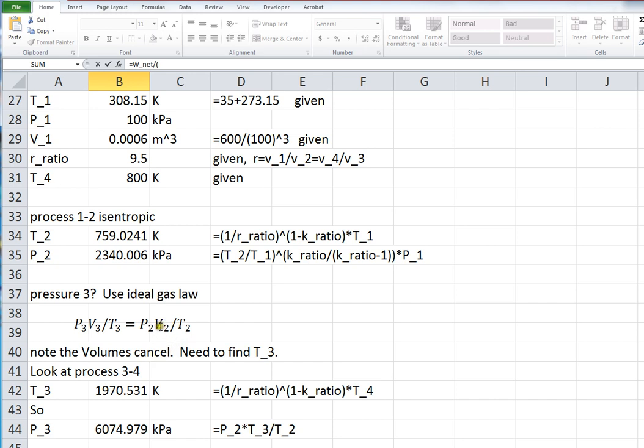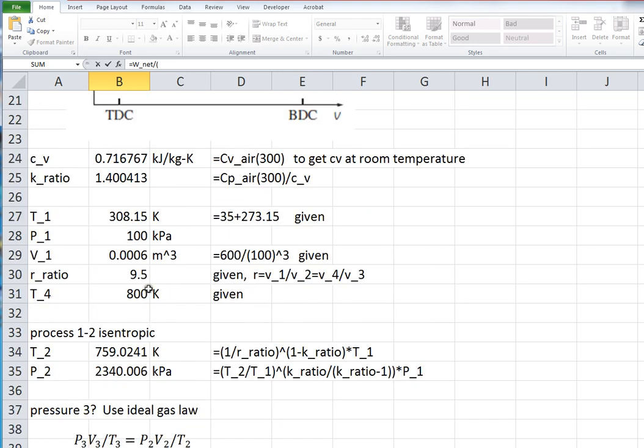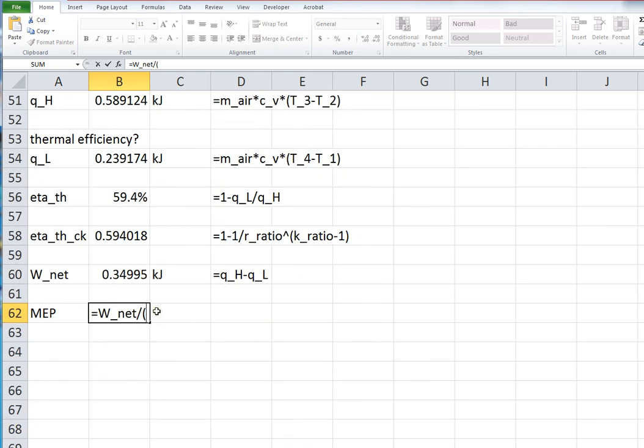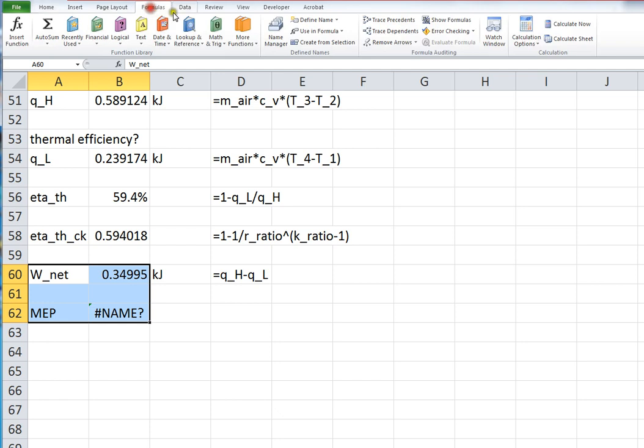Didn't we calculate this somewhere? No, we didn't. But anyway, Vmax is equal to 9.5 times V1, and then we need to subtract off V1, so it's going to be r minus 1 times V1. And let's see what we come up with here.